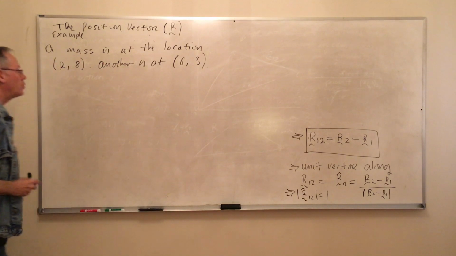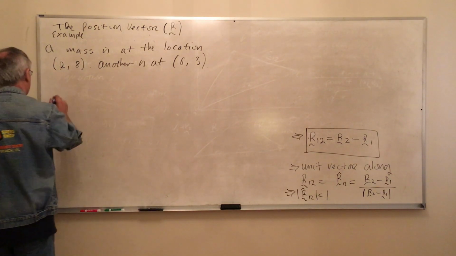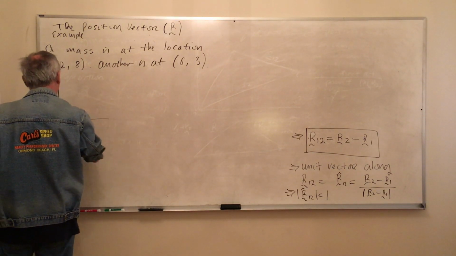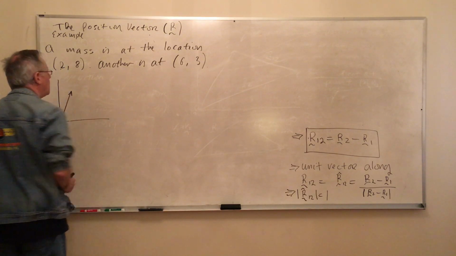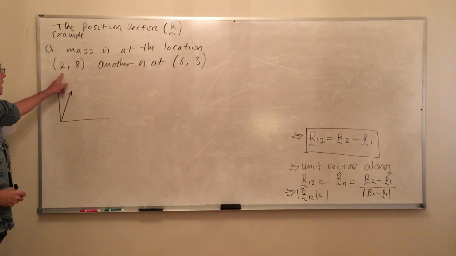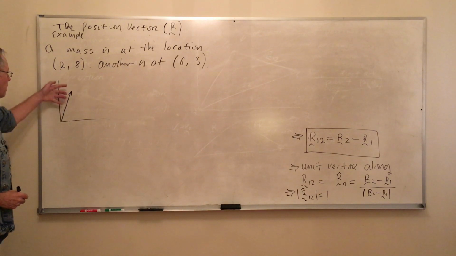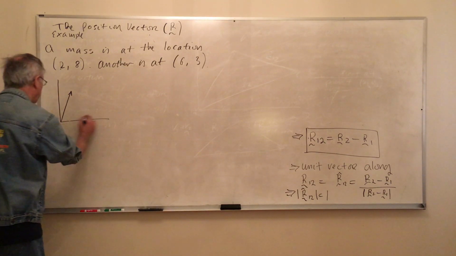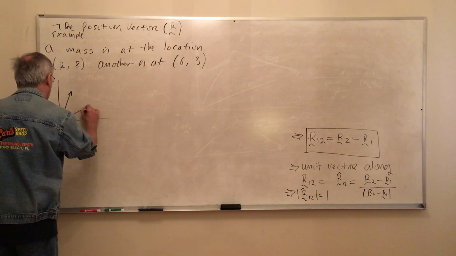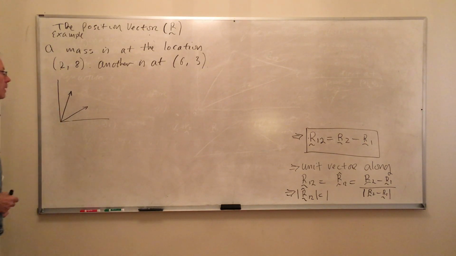So we have two masses, one at 2,8 and one at 6,3. So the position vector in this case is going to be a vector looking kind of like this. The position vector along here is going to kind of look like this. Okay?